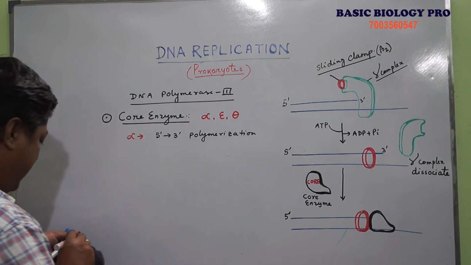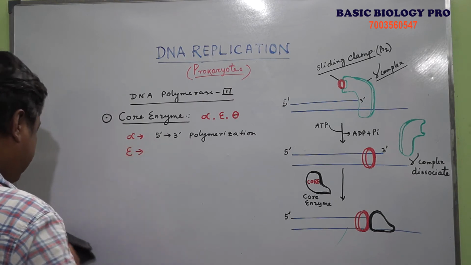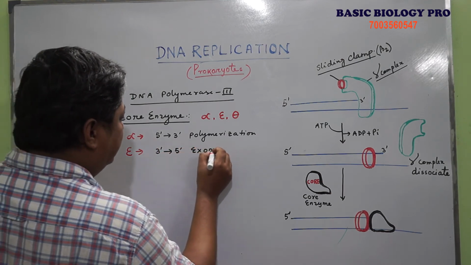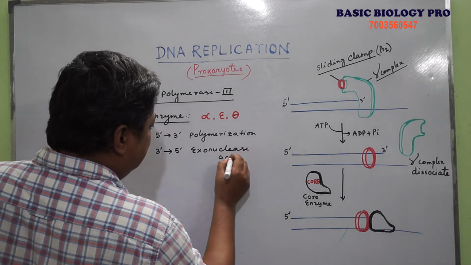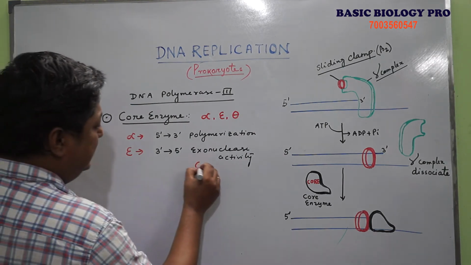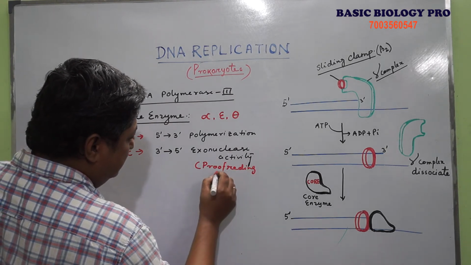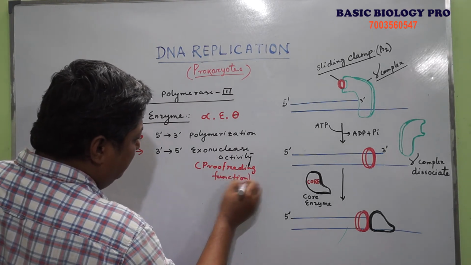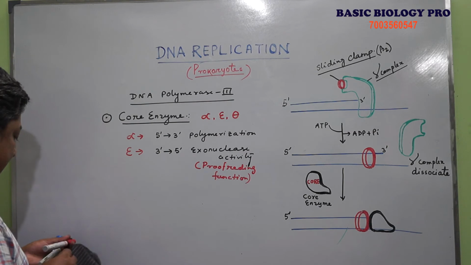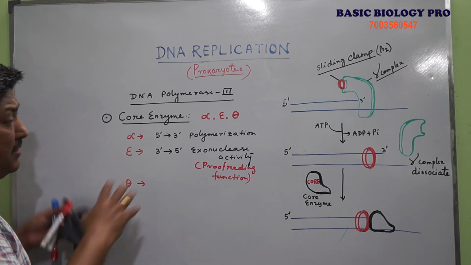Now the second part, which is known as epsilon, has 3' to 5' exonuclease activity. Again, the removal of mismatched bases, that is the proofreading function. So similar to polymerase 1, DNA Pol 3 also has a proofreading mechanism. And the third one, which is known as theta, is responsible for the assembly of the core enzyme.